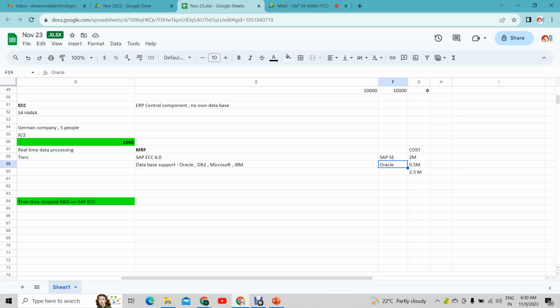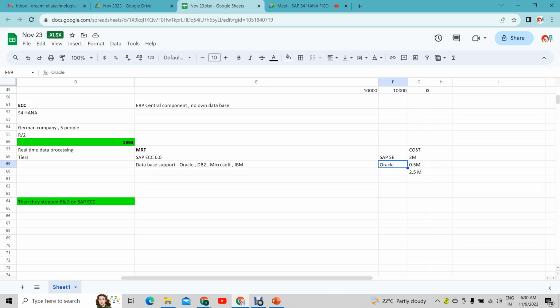Now we have to go to the Oracle people and ask, hey, why is your database not processing fast? Can you check your firewalls or something? Then they say, hey, our database is up and running fine. So to manage logistics-wise, you have to deal with SAP separately and with Oracle separately for database concerns.